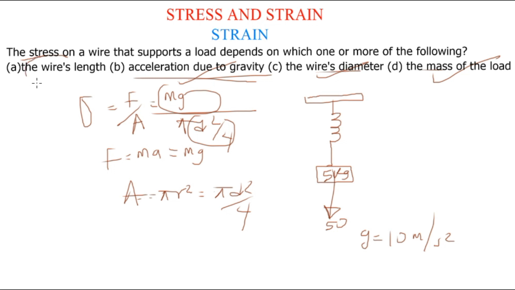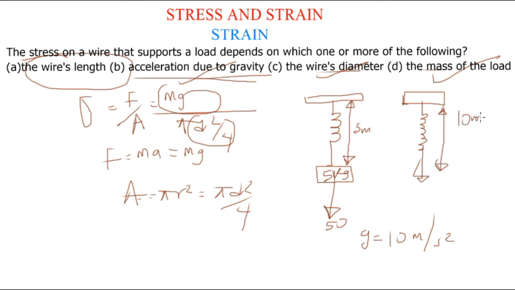It does not depend on the length of the wire. Another reason why it does not depend on the length of the wire is that, if the length of this wire is 5 meters, and suppose that I have another spiral spring whose length is 10 meters, and I exert the same amount of load on it, which is the 5 kg, it will bring about the same amount of force, and as a result the same amount of stress in a unit area.